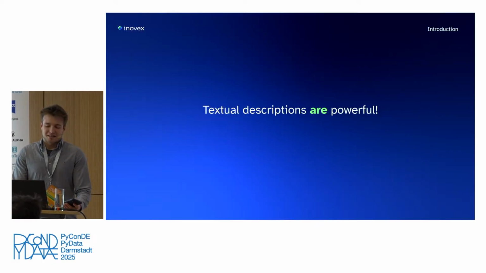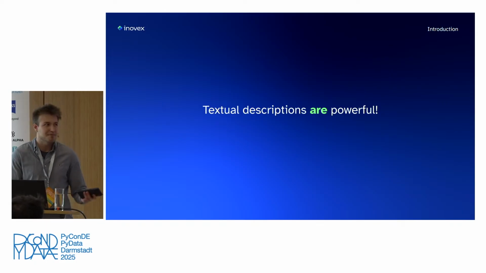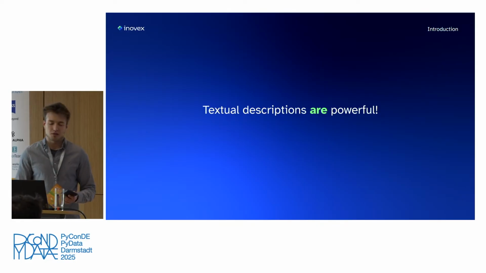Overall, you can say text descriptions are very powerful. It's a quick and easy way to describe concepts of an image, and they carry a lot of information. Just the terms summer or forest, if you think about it, is a lot of information in these two words. But if you care about precise coloring or image positioning, or want custom shapes and objects, you're eventually going to hit a wall there.